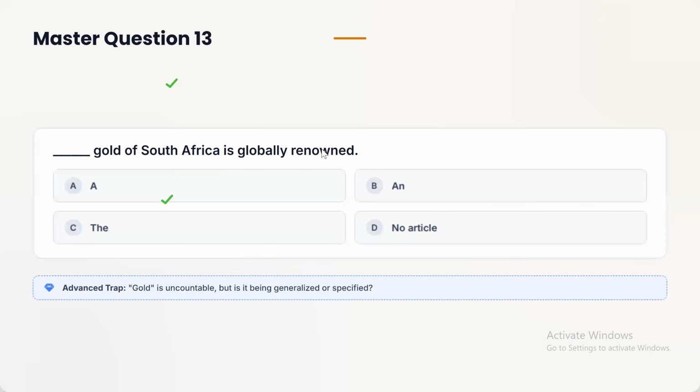Dash gold of South Africa is globally renowned. Someone said D, C, D, C, no article, C, the gold.